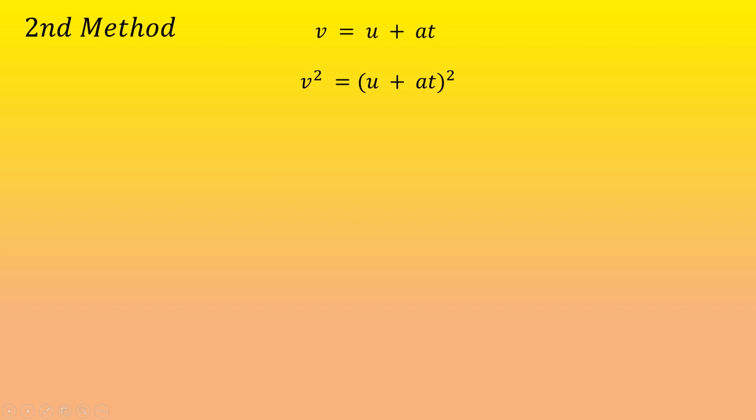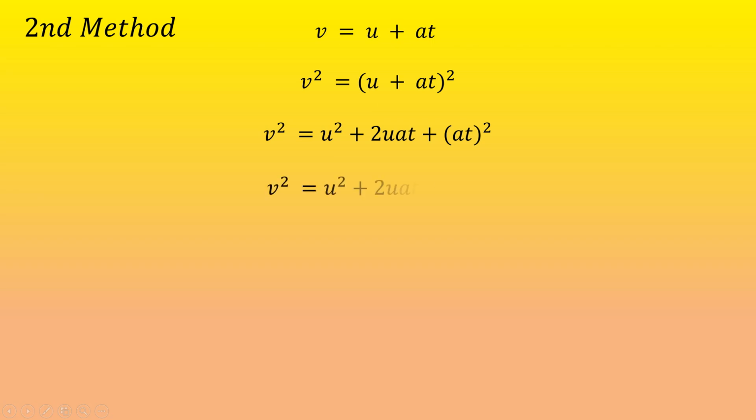The formula is a plus b whole square is equal to a square plus b square plus 2ab. So v square is equal to u square plus 2uat plus at whole square.